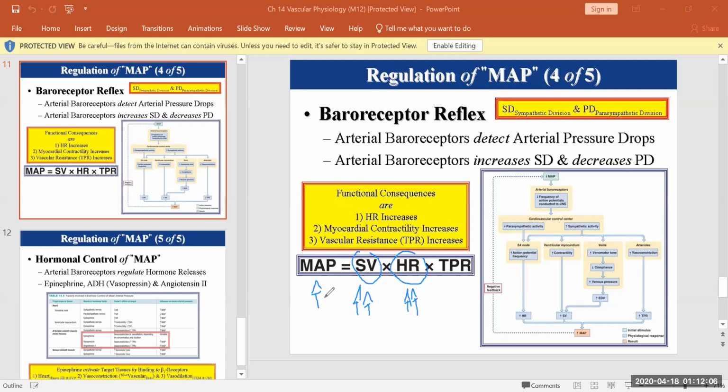The same epinephrine, if it's at high concentration, will also be able to bind and activate alpha-1 adrenergic receptors. And these are the same ones that are activated by norepinephrine.